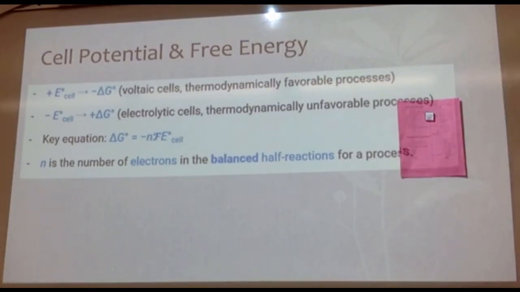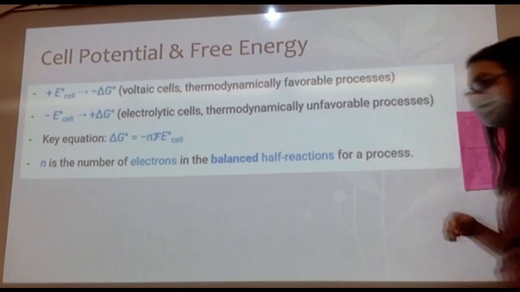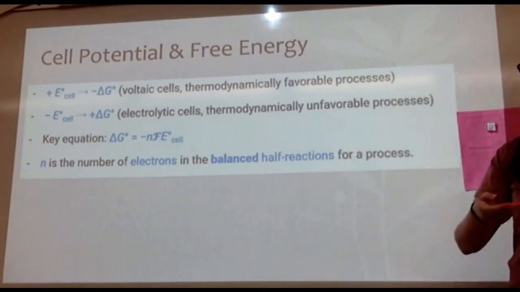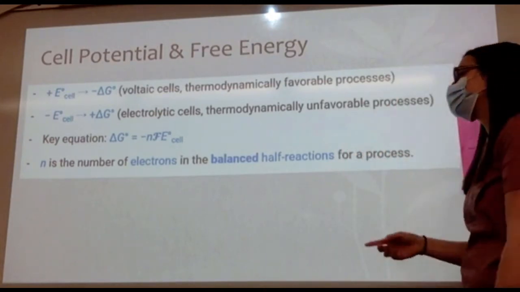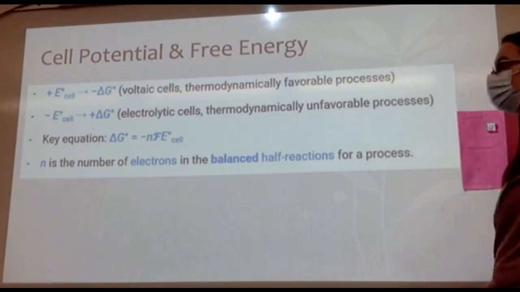N is the number of electrons transferred between the balanced half reactions. So when you make the electrons equal and cancel them out, that's N, your number of electrons. F is a constant, Faraday's constant, which is on your equation sheet. You do not have to memorize Faraday's constant. You just have to know to look on your equation sheet.